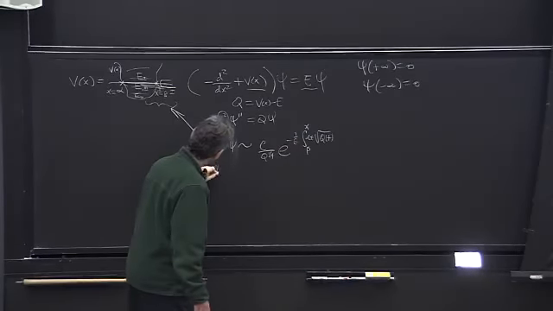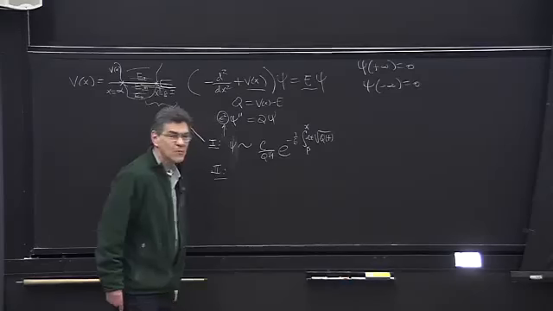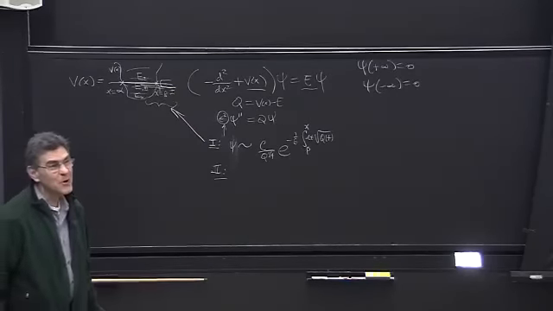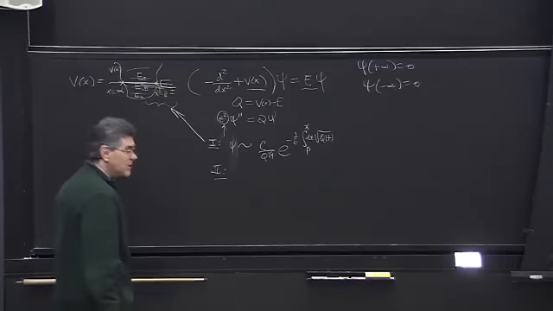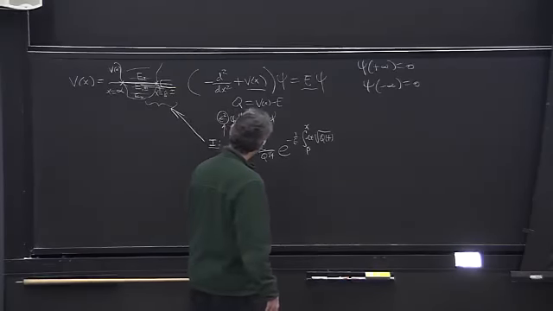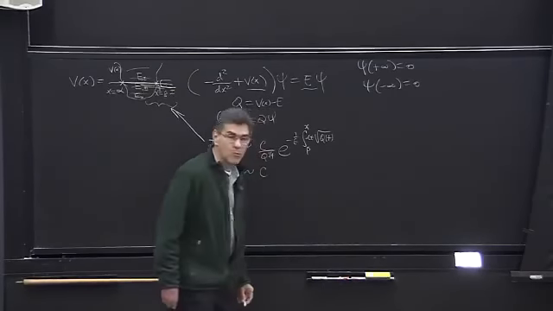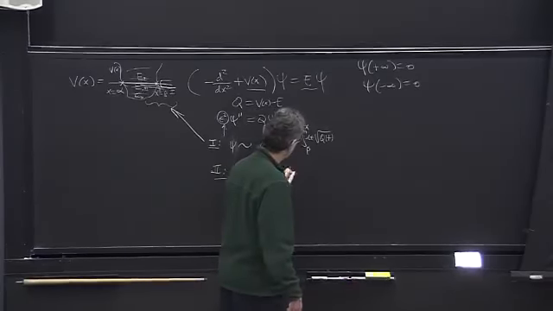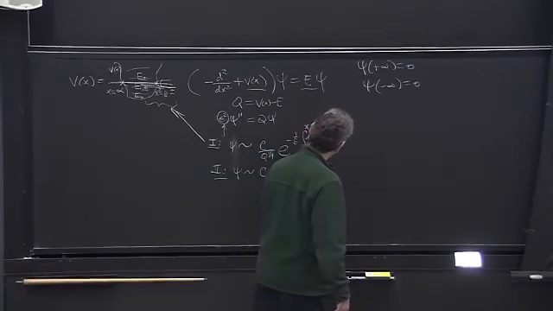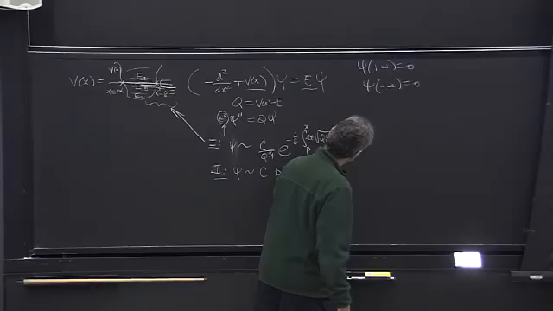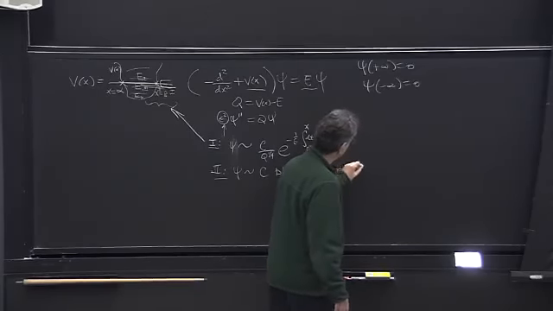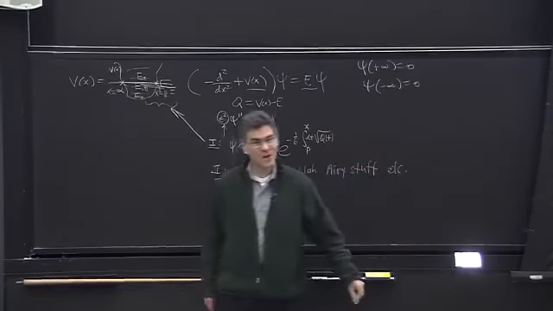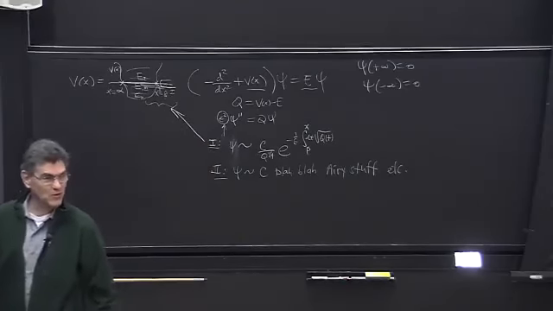And in region 2, well, who cares about region 2? Okay, we already did that. So in region 2, psi is proportional to c times blah, blah, blah. Okay, we're not going to write down that formula because it's just an Airy function.